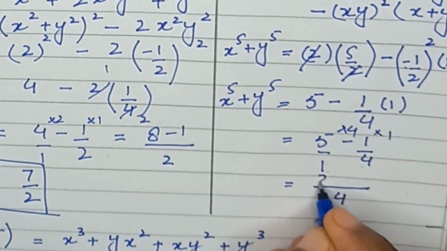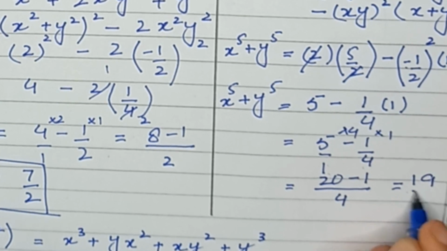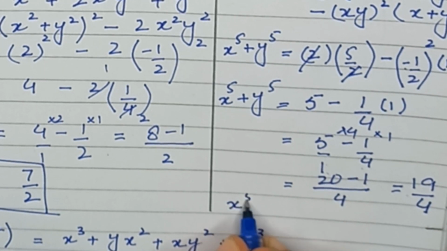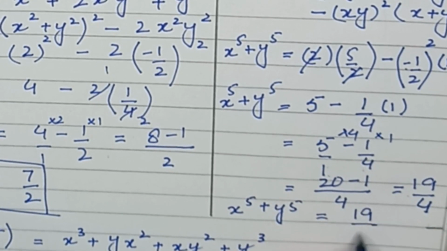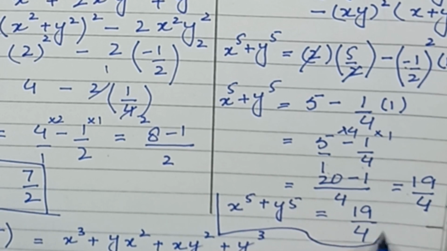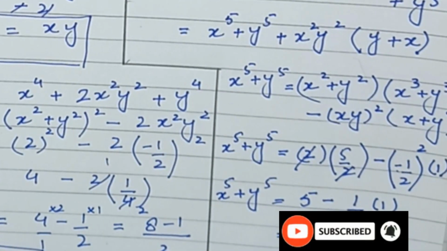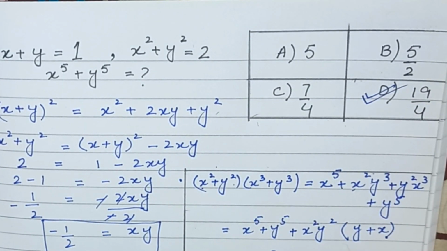So it will become 20 minus 1 which will be equal to 19 divided by 4. It means the value of x raised to the power 5 plus y raised to the power 5 is equal to 19 divided by 4. So from these 4 options we have D option is correct.